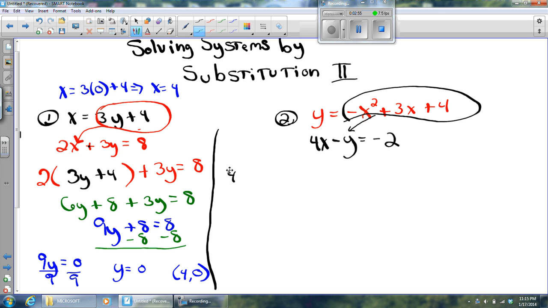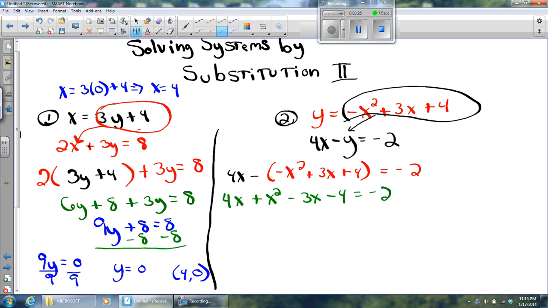I'm going to have a 4x minus the quantity of negative x squared plus 3x plus 4, and that's going to equal negative 2. Now I have to distribute the negative, right? It's like a negative 1 here times all these groups. So I'm going to have 4x plus x squared minus 3x minus 4 equal to negative 2.